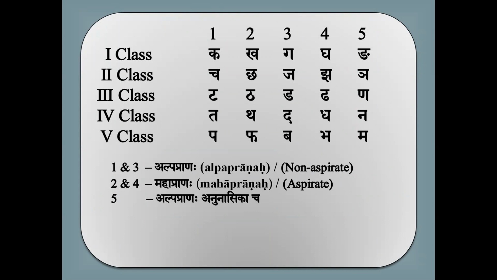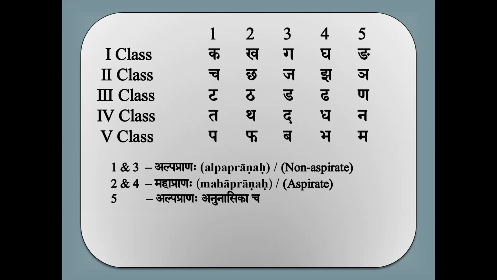Therefore, they call Alpa Prana. Whereas the second letter of all the classes, kha, chha, tha, where more air is breathed out. Therefore, Mahaprana. So the second letter and the fourth letter of all the classes are Mahaprana. Whereas the first letter, third letter and fifth letter are Alpa Prana.